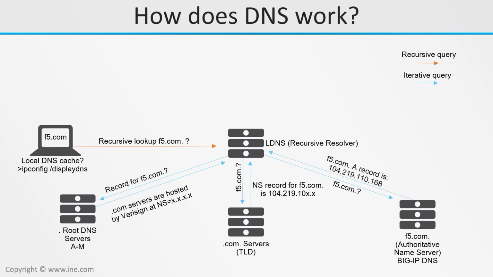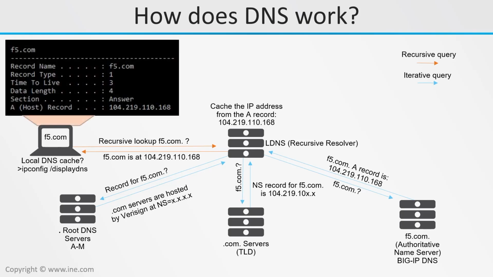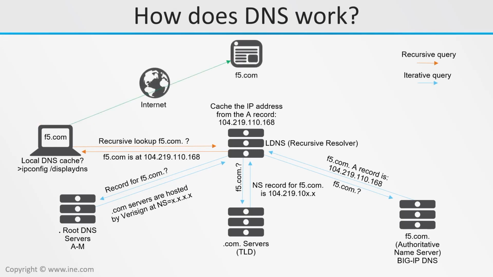So it will respond with the IP address for f5.com back to the local DNS server. Now the local DNS server can finally cache the IP address with the A record information, and then send that response back to the client for that IP. So the client will put it back in its DNS cache and use it for next time, and then be on its merry way to reach that server out on the internet.